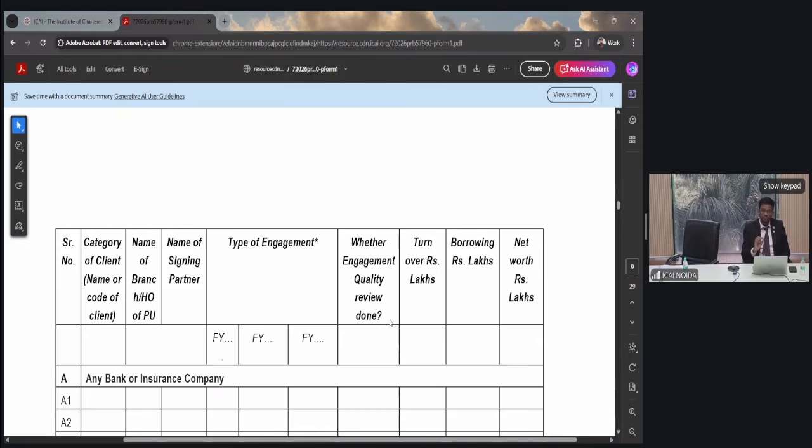Not just the choice of the CA firm, but the choice also needs to be specified in the policy, in the QC manual of the CA firm. So for all the audits of listed entities, it is necessarily a legal requirement under SQC1 to have EQCR. For all other cases, as per the policy of the CA firm, they can mention.